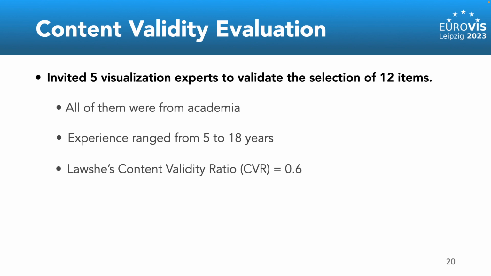To compute the validity based on the expert rating for each item in the Mini-VLAT, we used content validity ratio, and the result was a ratio of 0.6, and this would mean that the test items are suitable for Mini-VLAT, and they measure the ability to read and interpret data visualization.